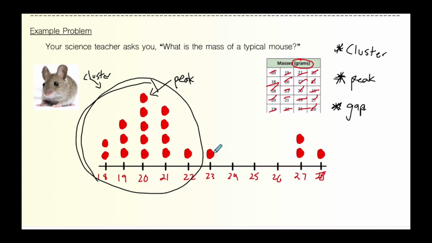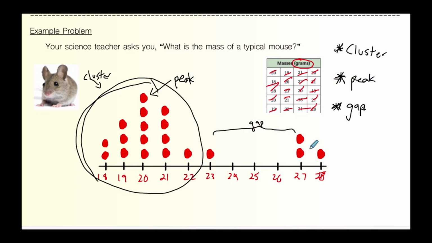We see a peak in the data, and then for some odd reason, there is a gap in the data right here. And that might lead you to, if you're really analyzing this question, why are there these three mice that weigh so much more than the bulk of the others? There's three mice that weigh 27 and 28 grams, and I don't know, one, two, three, maybe they have, I don't know, who knows? I can't even begin to tell you why.